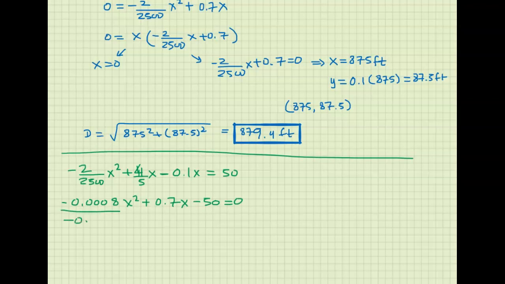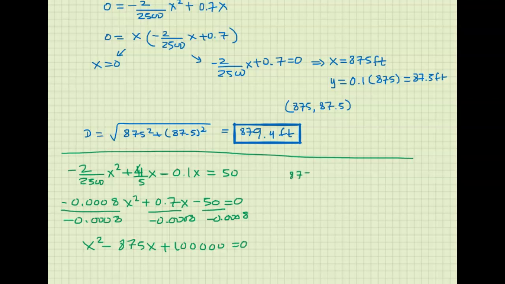Let's divide everything by -0.0008. So we get x squared minus 875 x plus 10,000 equals 0. Okay?